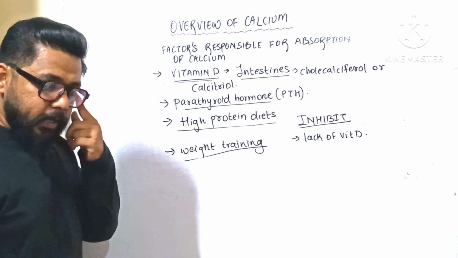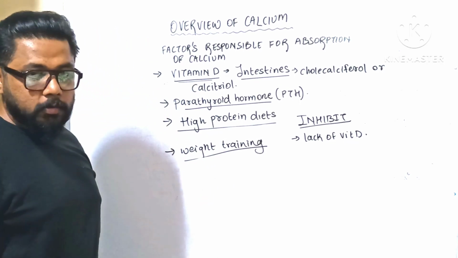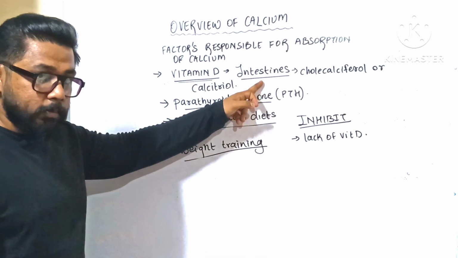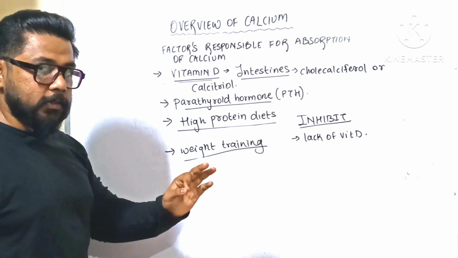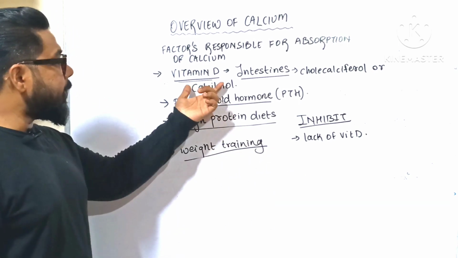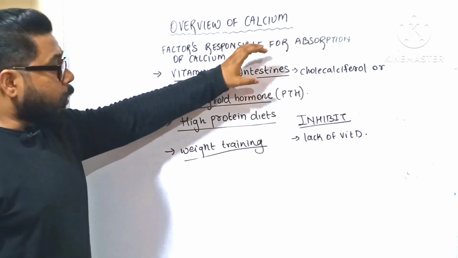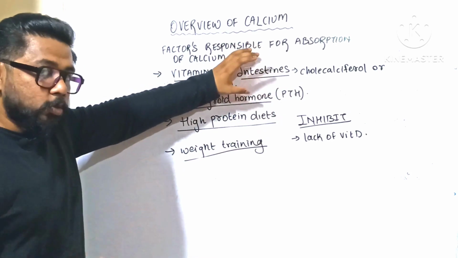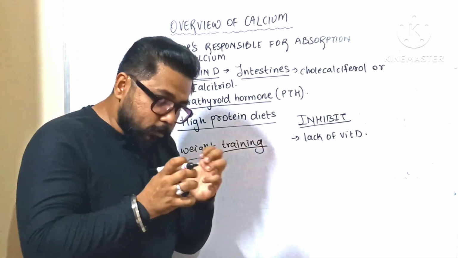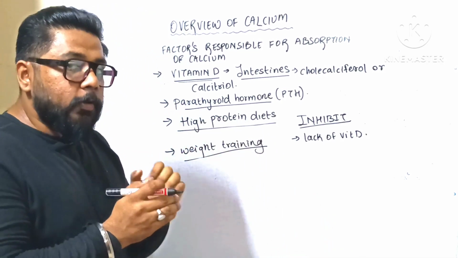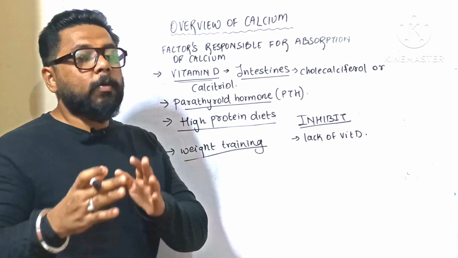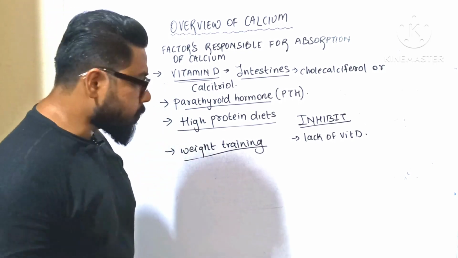Let's say if the vitamin D is not produced in a normal manner, or there is lack of vitamin D, then obviously the calcium is not going to get absorbed from the intestines, because vitamin D is responsible for the calcium getting absorbed from the intestine. So you are not going to get a proper amount of calcium.